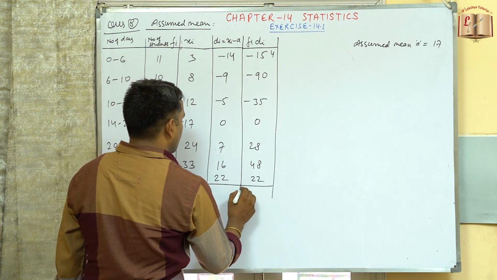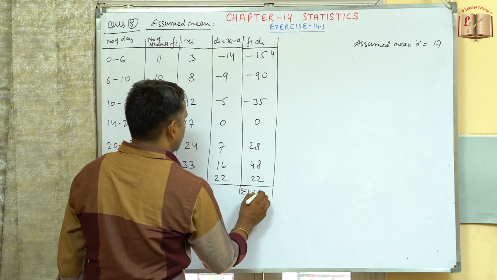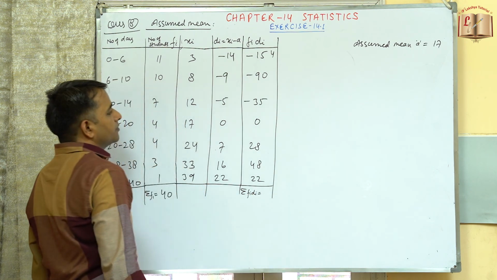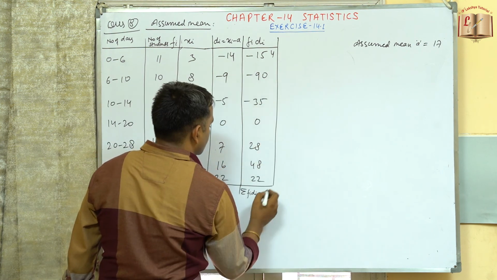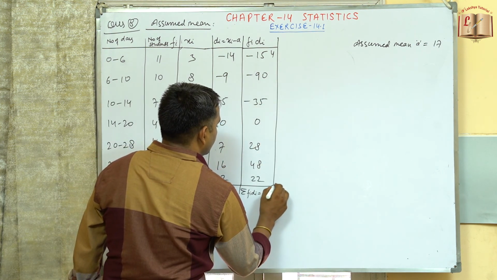So now sigma fi di will be equal to, we can add all this up, minus 181.